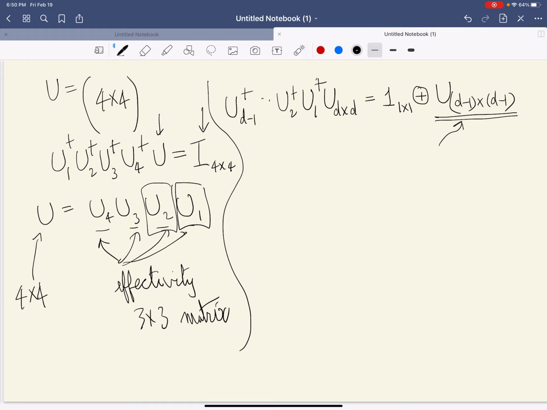Okay, so to decompose a d-dimensional unitary matrix to a unitary matrix of one less dimension, the most that you require is d minus 1 unitary matrices.